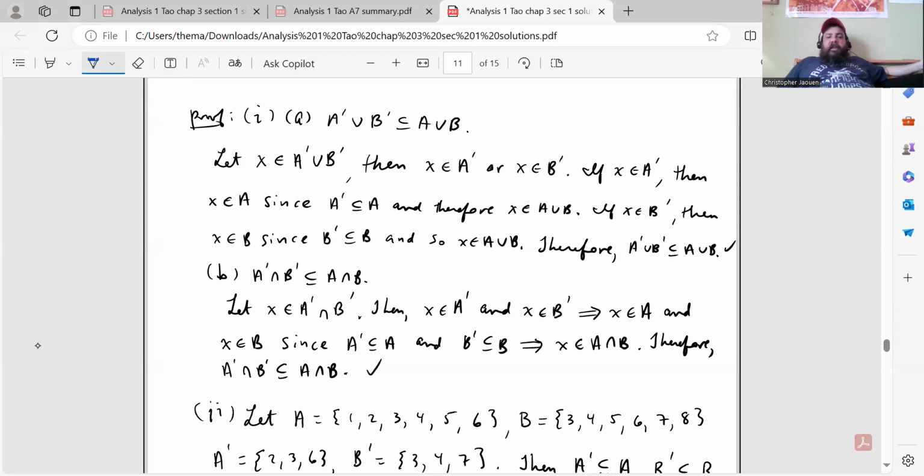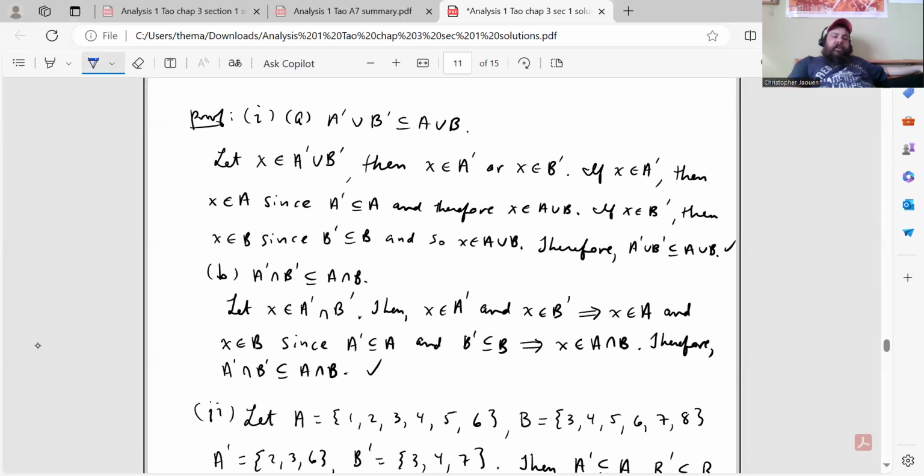If X is an element of A prime, then X is an element of A, since A prime is a subset of A by hypothesis, and therefore X is an element of A union B. If X is an element of B prime, then X is an element of B, since B prime is a subset of B by hypothesis, and so X is an element of A union B. Therefore, A prime union B prime is a subset of A union B.